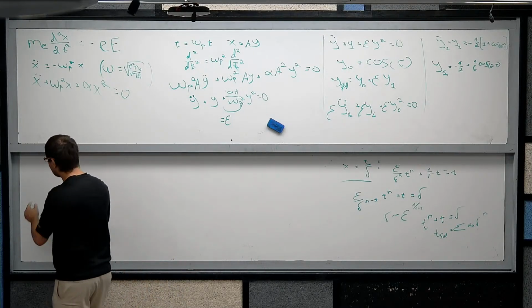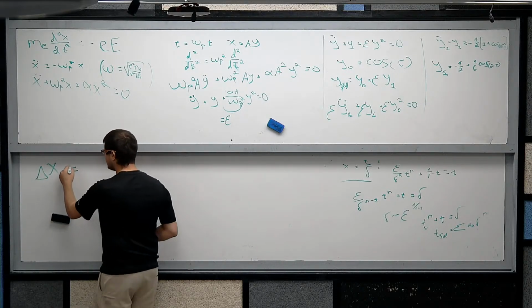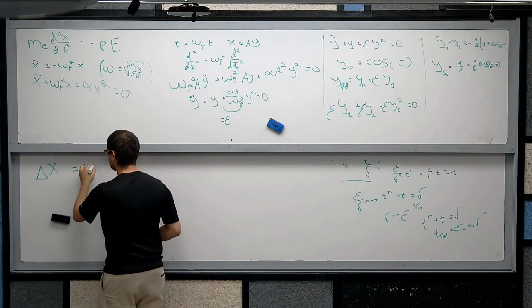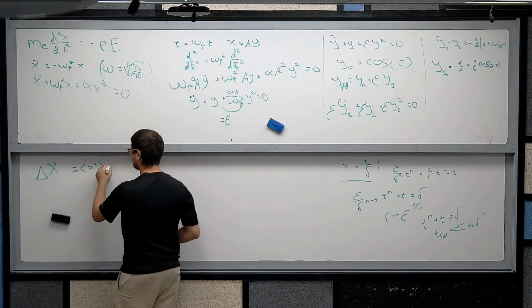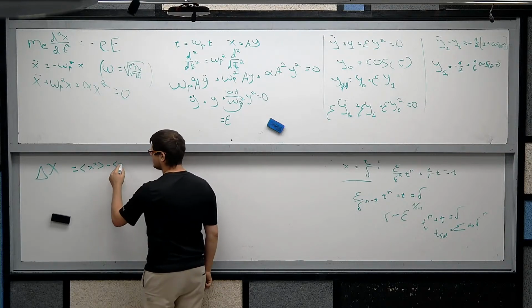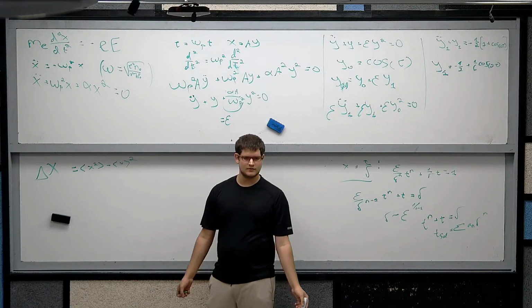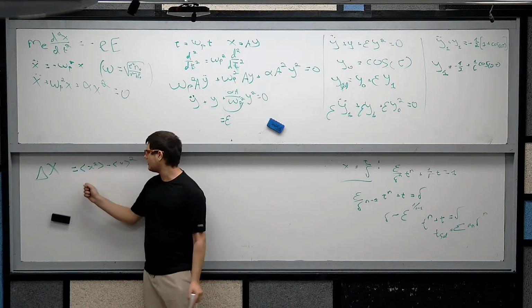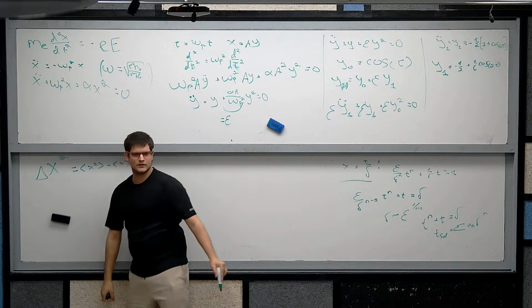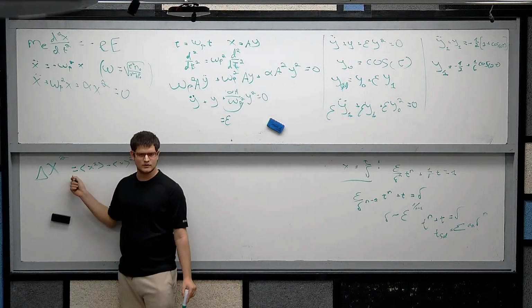It's just delta x, right? Taking the average of x squared minus the average of x, squared. That is how you find the characteristic amplitude.